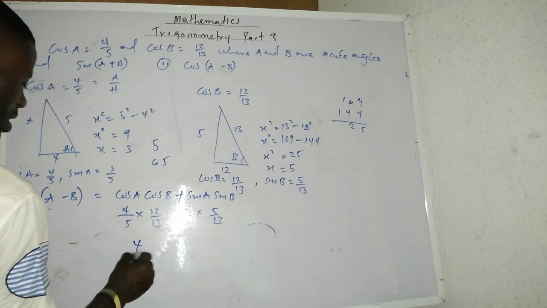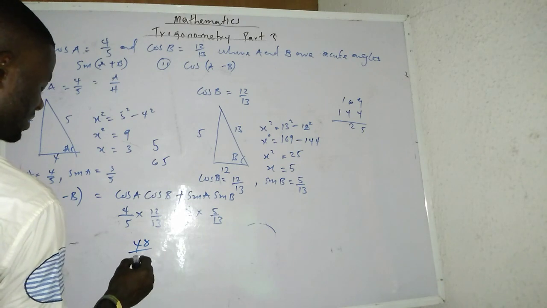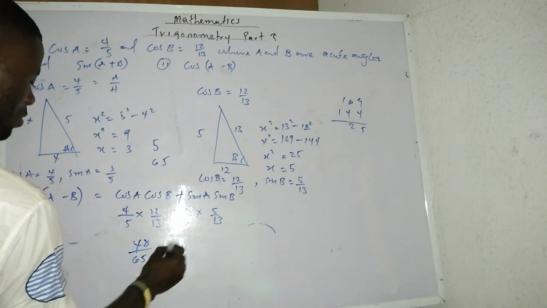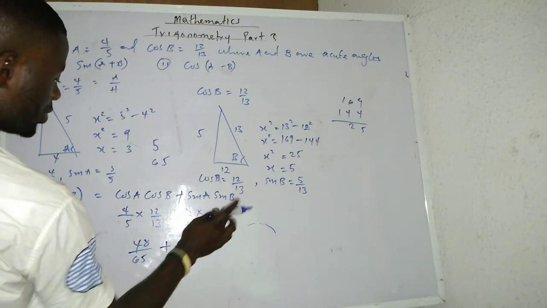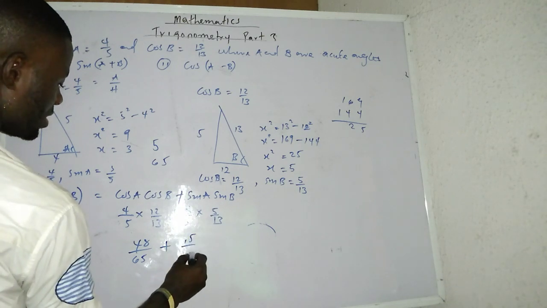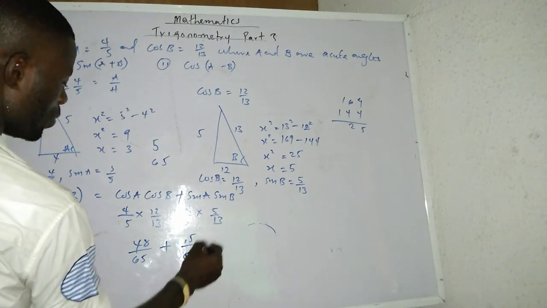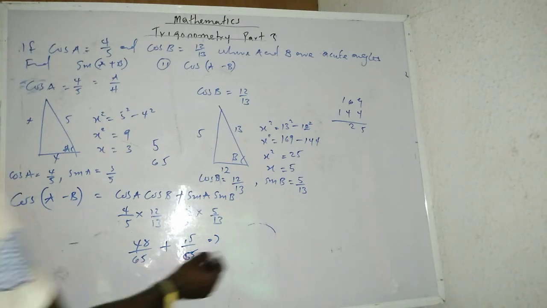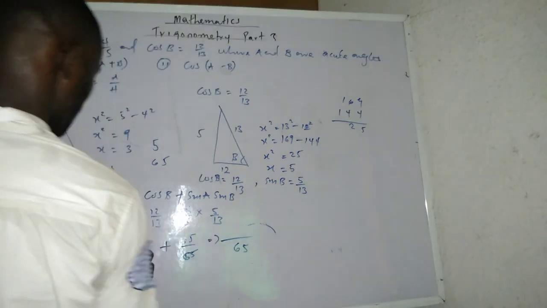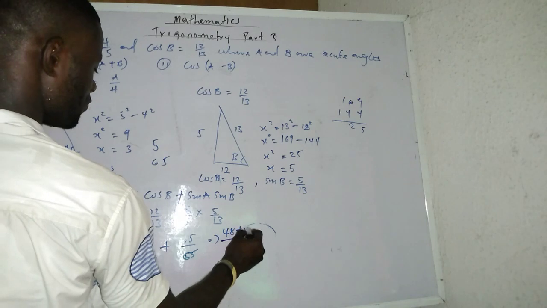I have 48 divided by 65 plus 15 divided by 65, which I can now say, I have 65, I have 48 plus 15.